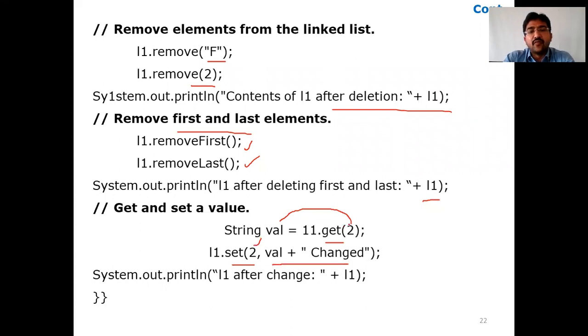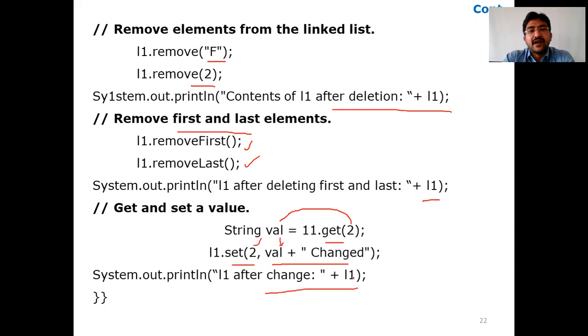Whatever the second index element is, it will be stored in val, and we are setting the second position to that val value plus the string "changed". Whatever the value at the second position, that plus "changed" is added. Now, after the change, we are displaying l1.